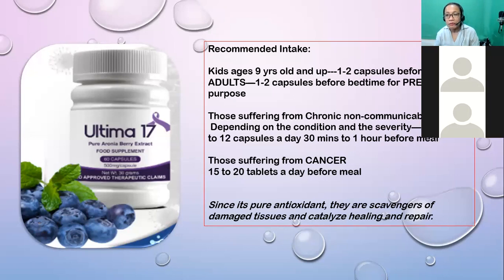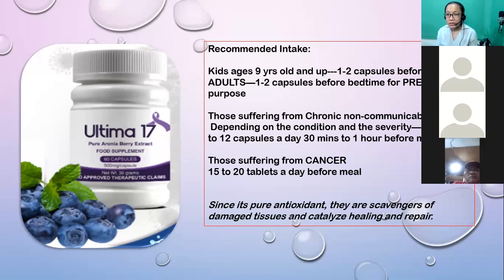Now, for those suffering from chronic non-communicable diseases such as chronic gout, chronic arthritis, chronic diabetes, chronic hypertension, depending on the condition and the severity, this is the allowance. They will take 6 to 12 capsules a day, 30 minutes to 1 hour before meal.